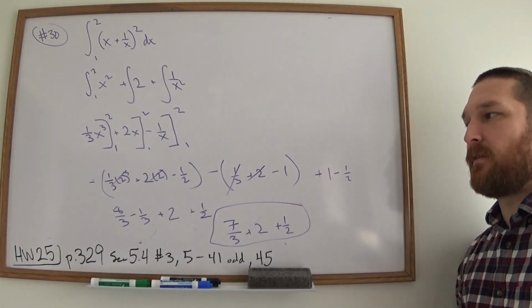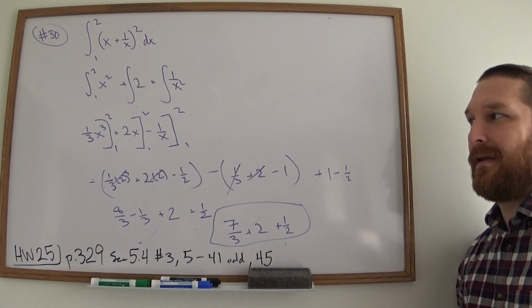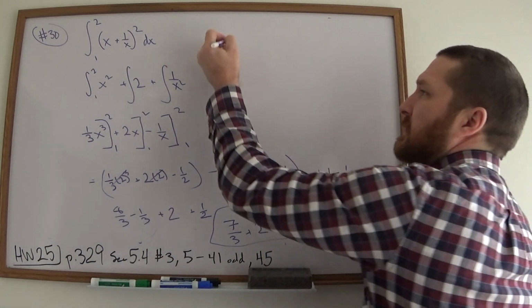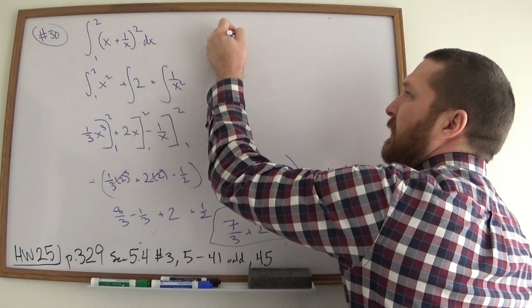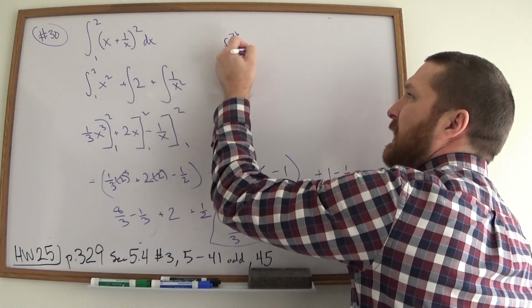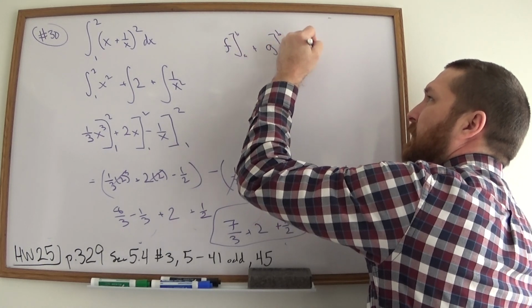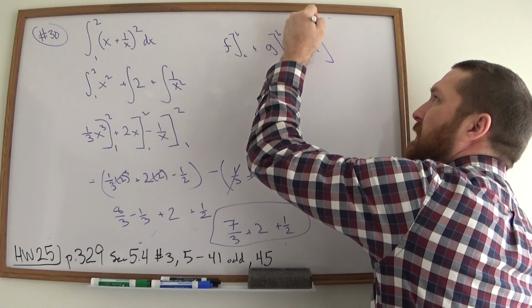Sometimes it's easier, sometimes it's not, but it works out exactly the same way. Let's think about this. You have f evaluated from b to a plus g evaluated plus h evaluated from b to a.